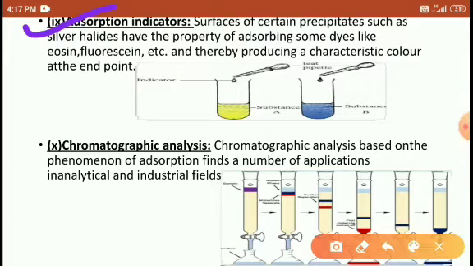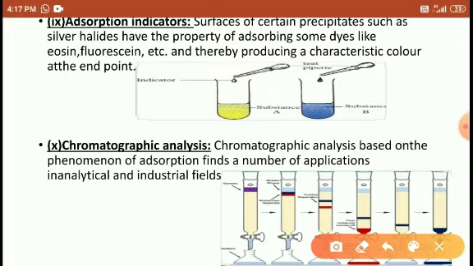Adsorption indicator. Certain precipitates such as silver halide have the property of absorbing some dyes like eosin, fluorescein, etc. They produce a characteristic color at the end. Dyes means color components. Silver halides means silver chloride, silver bromide, silver iodide.